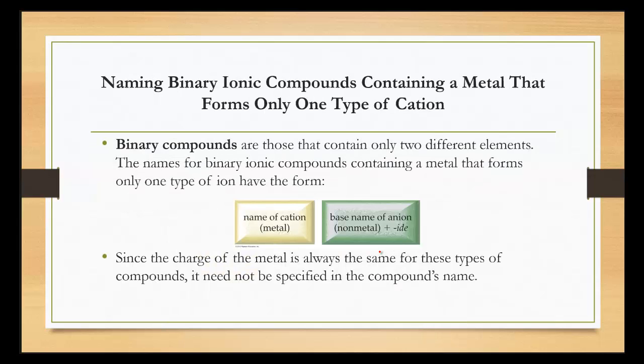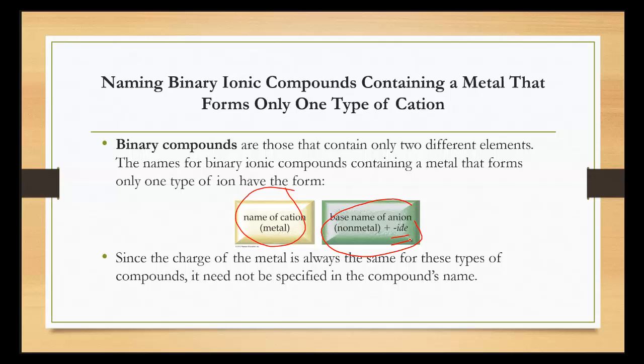Binary compounds are those that contain only two different elements. The names of the binary ionic compounds contain a metal that forms only one type of ion. Since the metal always has the same charge for these types of compounds, it need not be specified in the compound's name. Then the second half is the nonmetal that ends in "ide."